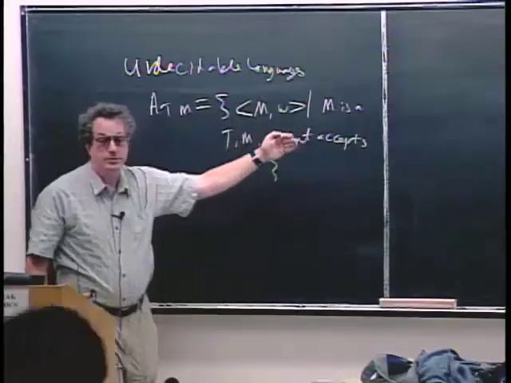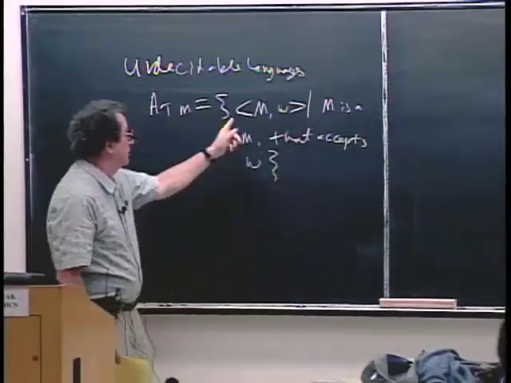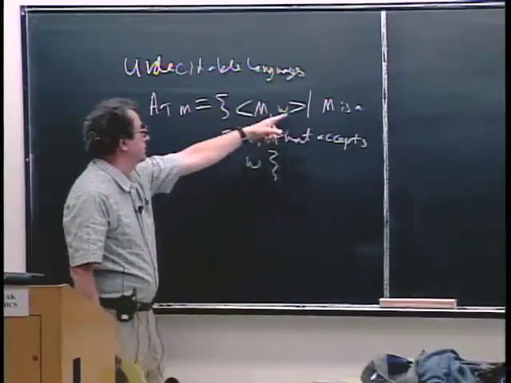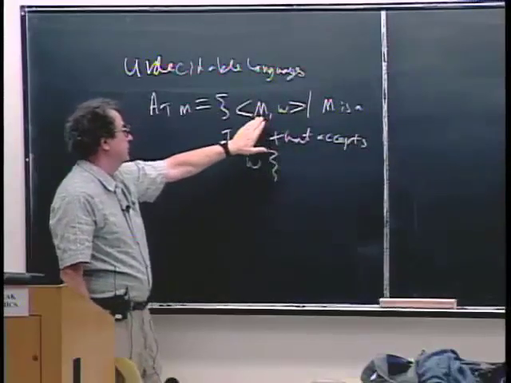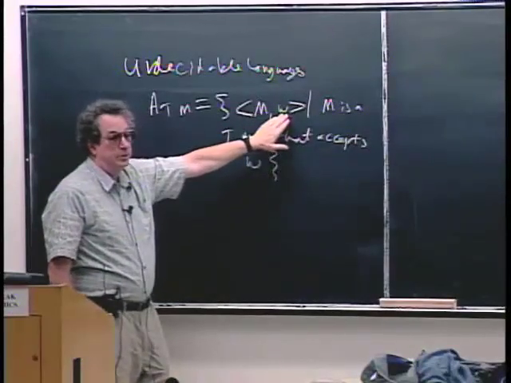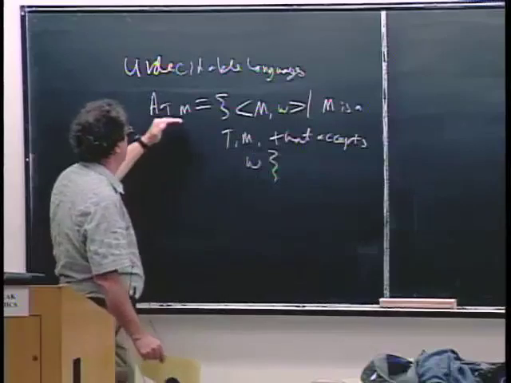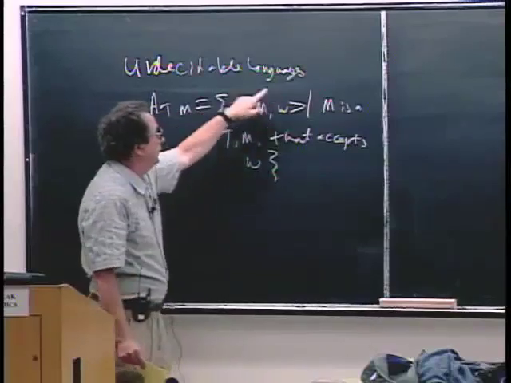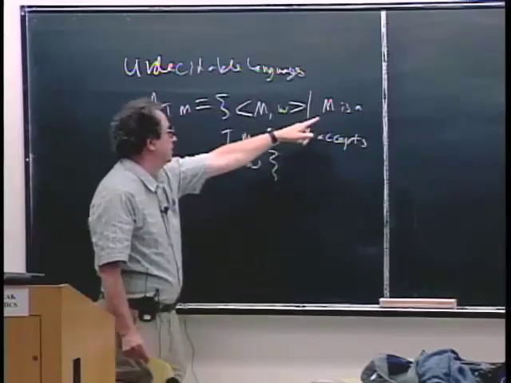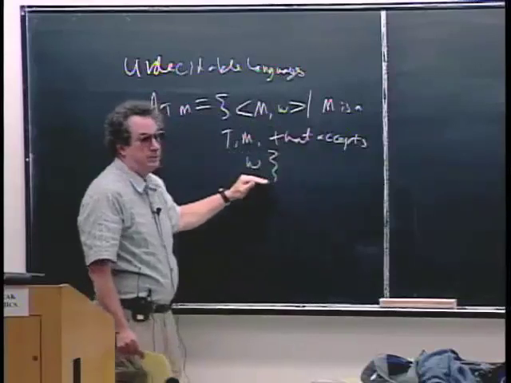Remember, a language is a set of strings, and each string in that language has this form. It's a description of a Turing machine with some specific input. And the language consists of those strings such that M is a Turing machine that accepts W.